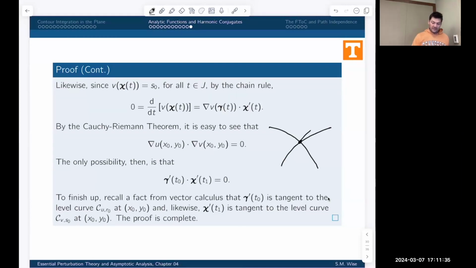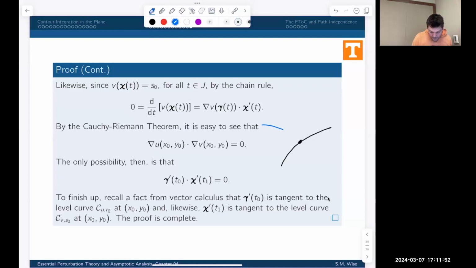It's going to be perpendicular to that level curve, and that's the gradient with respect to this curve. Maybe I should use different colors here. That would be helpful. So if I take the gradient of the function and evaluate it at the blue curve, it's going to be perpendicular.